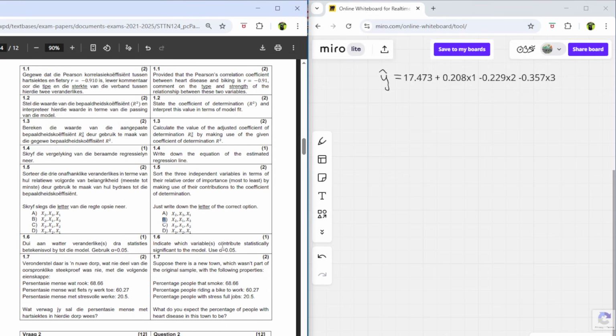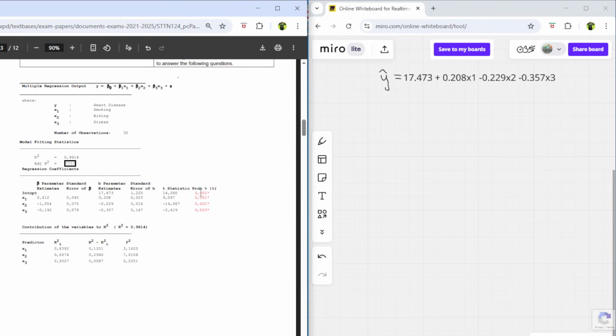Indicate which variables contribute statistically significantly to the model. Use alpha equals 0.05. So when it comes to this, we're going to focus on these numbers here, and the variables we're going to work with are 1, 2, and 3. We don't include the intercept. So it's x1, x2, and x3. You look at the numbers under the probability.